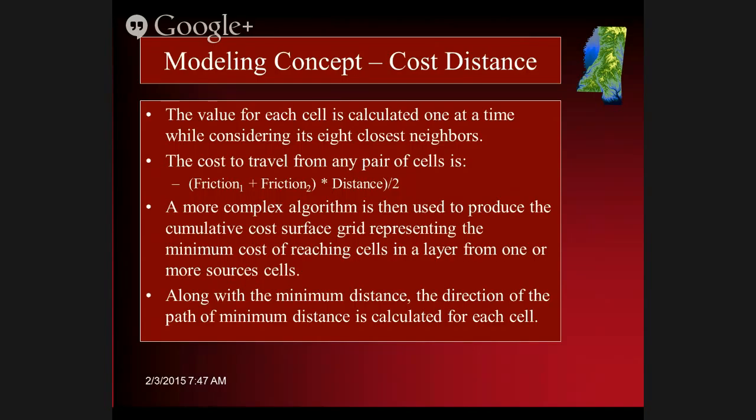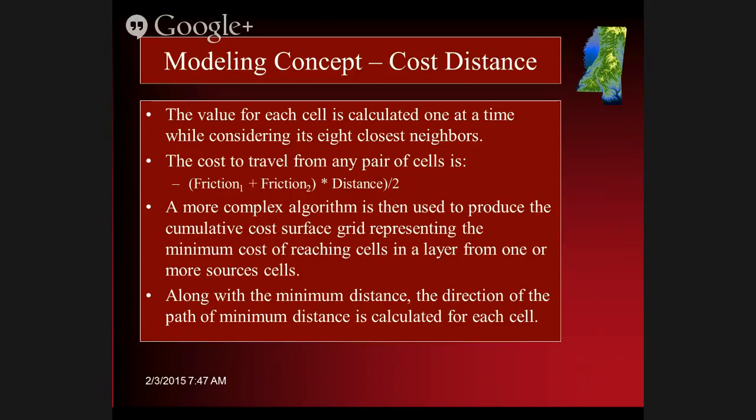Okay, so what goes on in terms of the internal workings of the process is that once the friction surface has been decided upon, the value for each cell is calculated one at a time while considering its 8 closest neighbors.